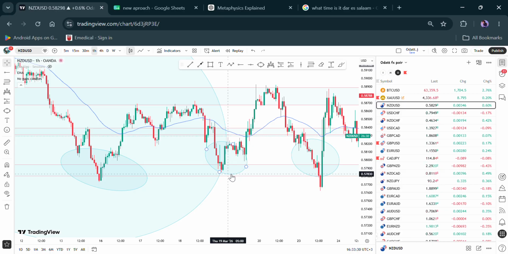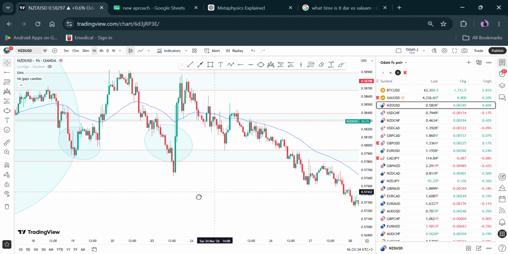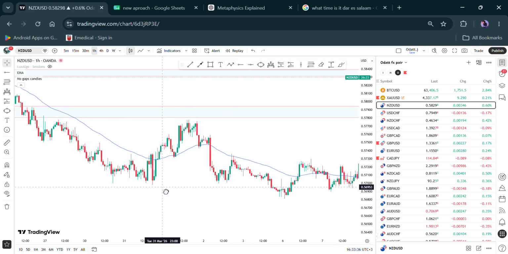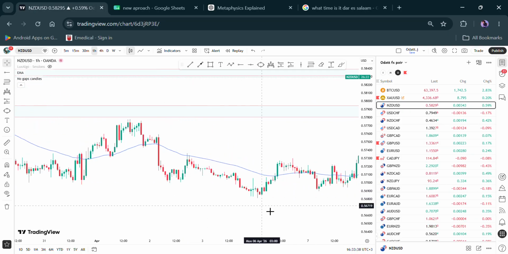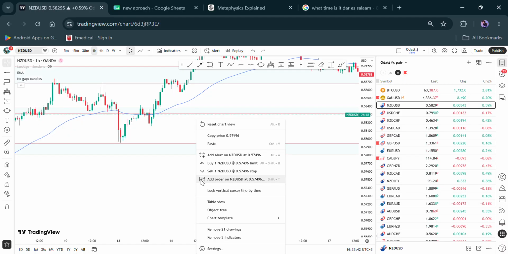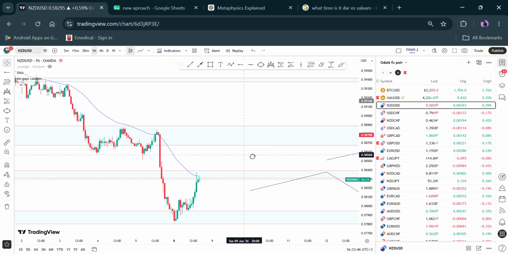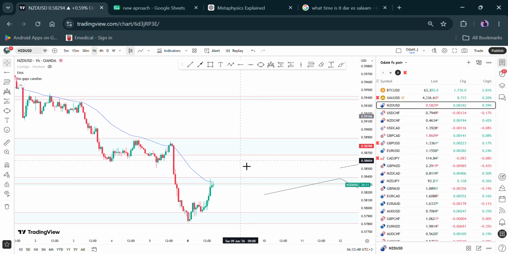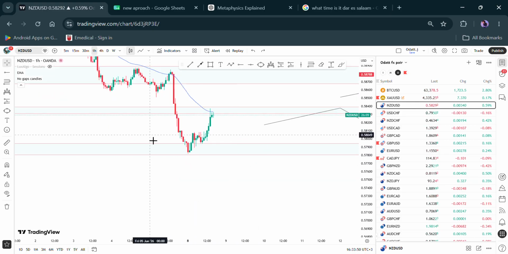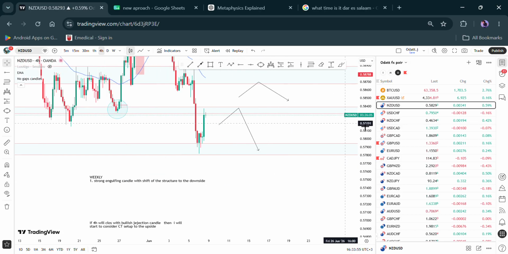After that 4H rejection, it went to the downside, then to the upside, but I cannot take this trade because it would lead me to break my counter trend checklist. When I break my trade plan today, it is likely I'm going to break it tomorrow. So I just let the price do whatever it's doing.